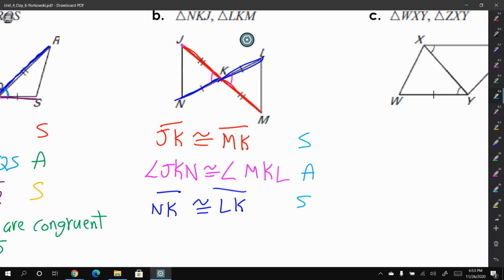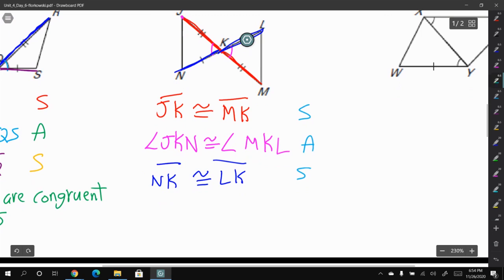And if I look at the right triangle, the congruent pink angle is included when I look at the blue and red side on that one as well. So yes, they are congruent by side angle side.